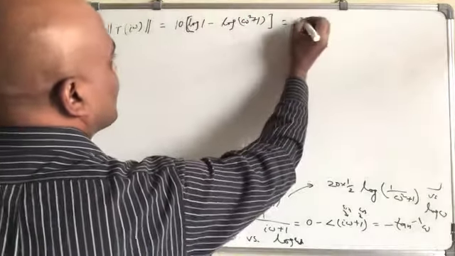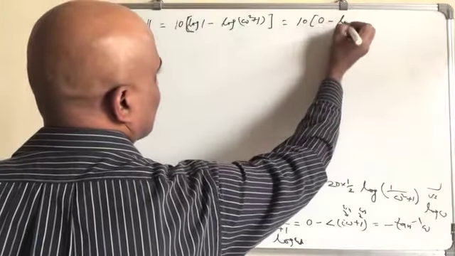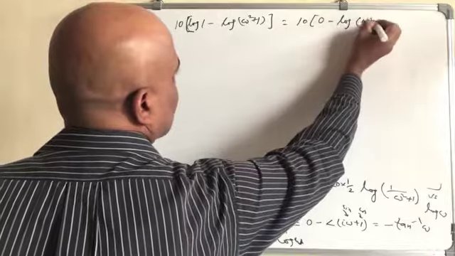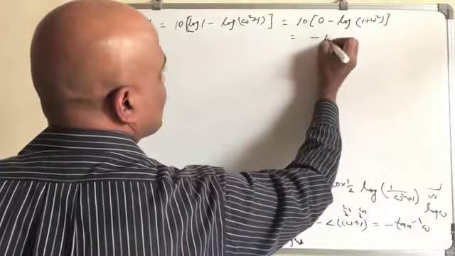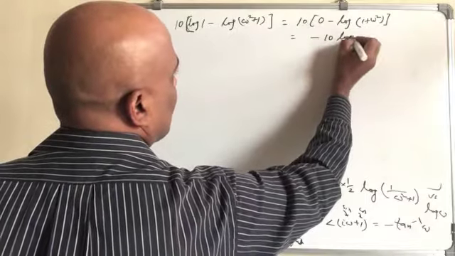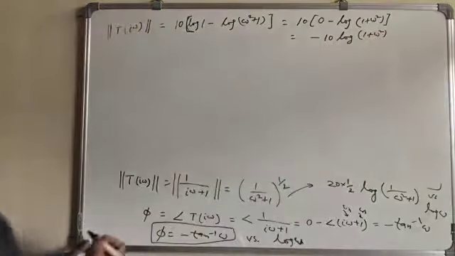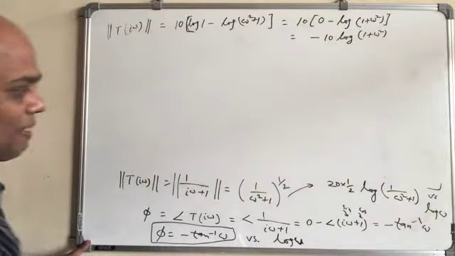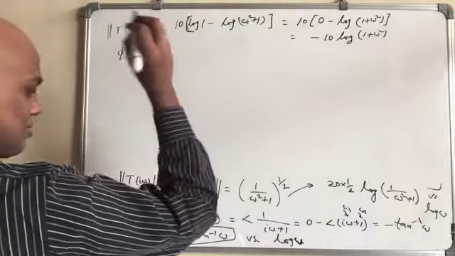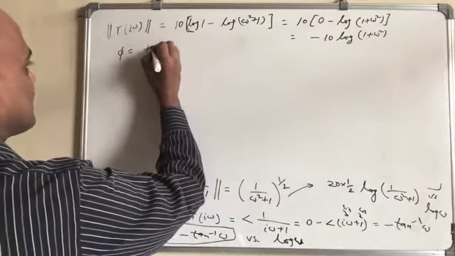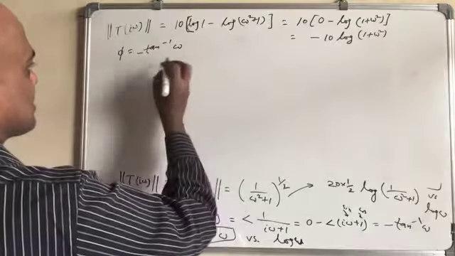Which is equal to 10 log 1, which is 0, minus log 1 plus omega square, or simply equal to minus 10 log 1 plus omega square. And then you have phi is equal to minus tan inverse omega.